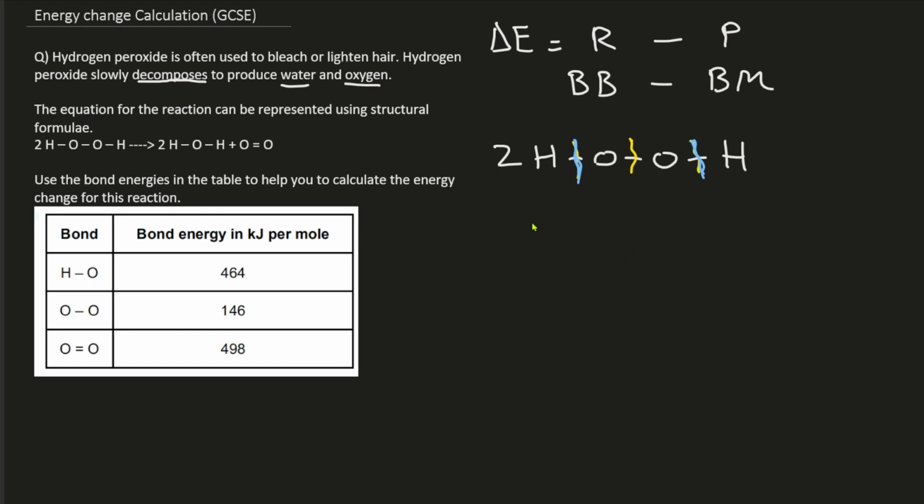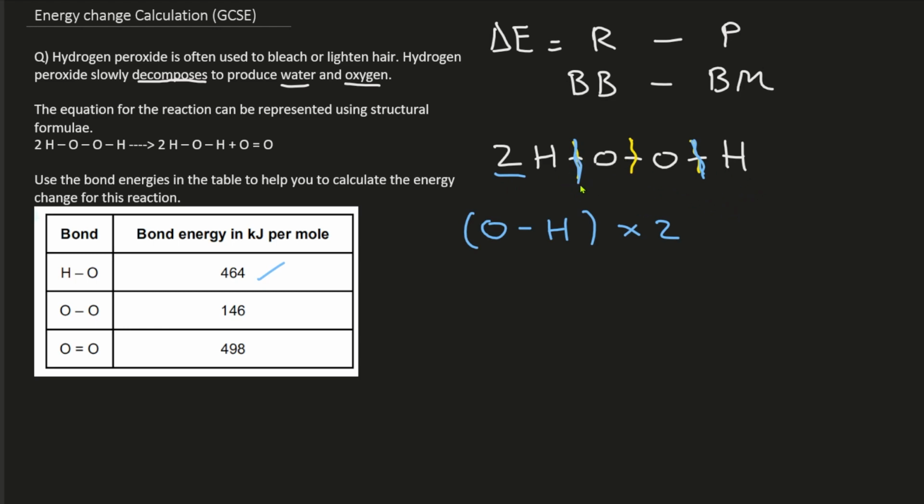And so the HO bond has an energy of 464. So we've got two of these. Now, the interesting thing here is that there's also a 2 in front. So if I've got 2 at the front, I've got to multiply the whole thing by 2.